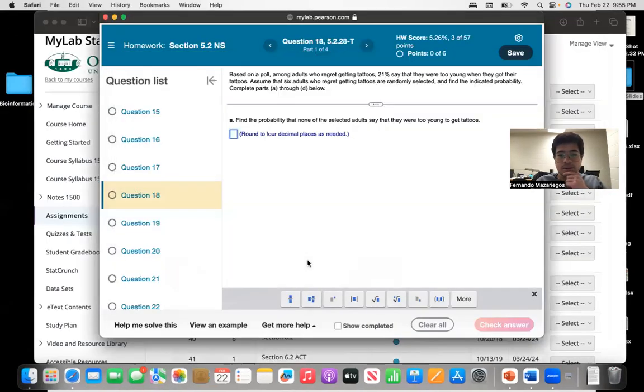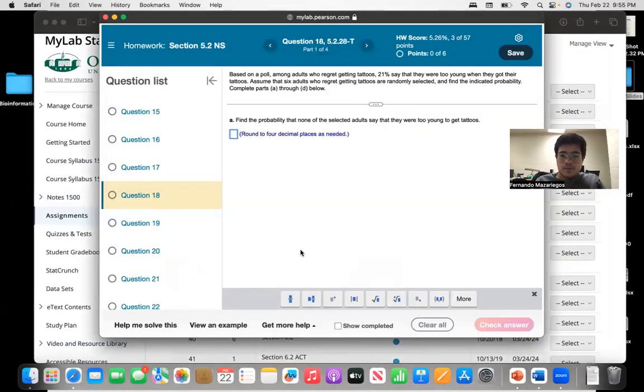So let's go back. First, we have the combination out of 6 adults. We want that none of them think that they were too young to get tattoos. So that is X equals 0.